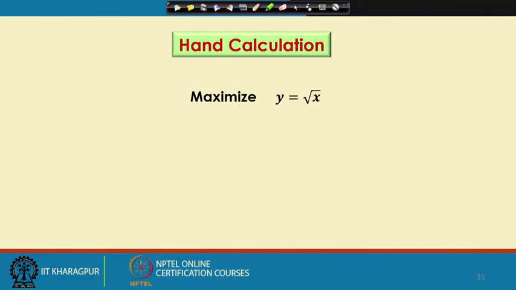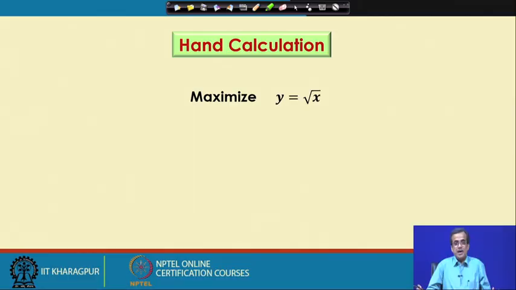Now, I am going to start with a numerical example to show you how a binary coded GA can optimize one objective function. Supposing that I have to solve one maximization problem of this particular form: y is a function of x, that is y equals square root of x.